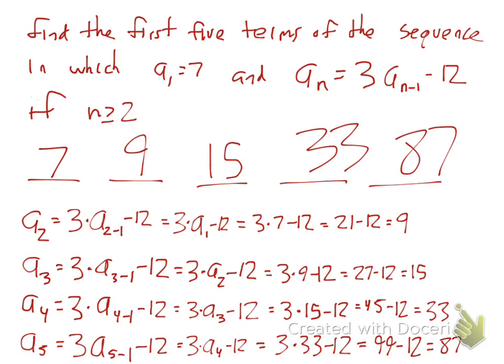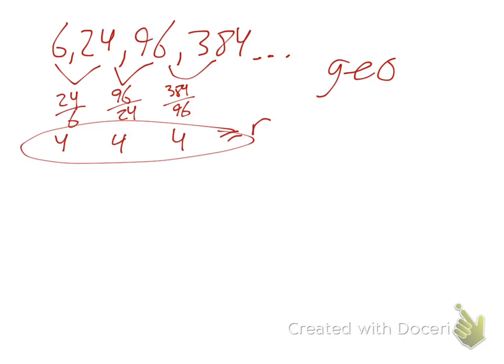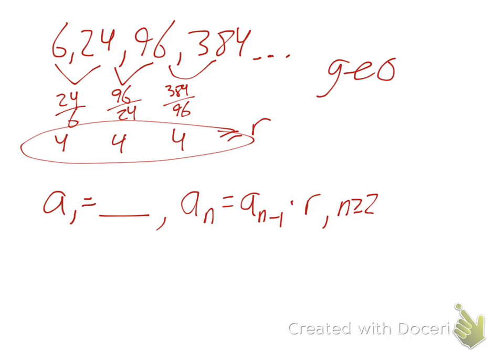So you go back to the geometric box, recursive, there it is. Notice that the only difference between these two equations is plus d or multiplied by r. And so, I need to know a sub 1 is something where a sub n equals a sub n minus 1 times r, where n is greater than or equal to 2. So fill it in. What's the first term now? 6.